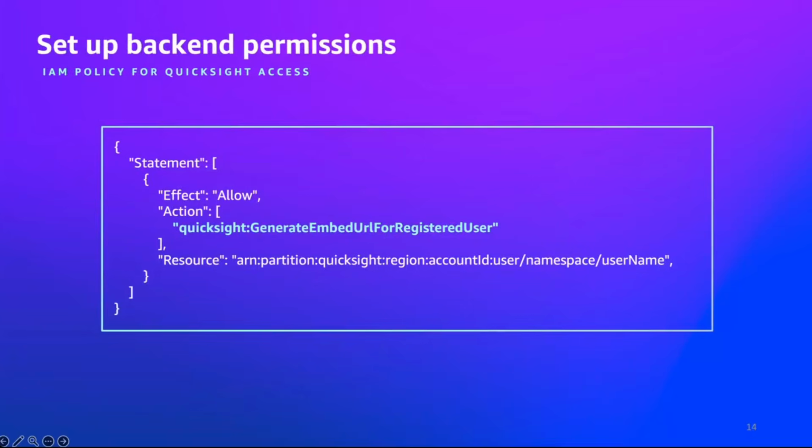Notice how we specifically are providing permission for the generate embed URL for registered user API and not the anonymous user version, as again, the generative BI features specifically are only available with registered user embedding. So if you've worked with embedded QuickSight before, this may look familiar, as no changes are needed on this step to enable the generative BI features. These are the same permissions that are required for embedding, whether Gen BI features are involved or not.